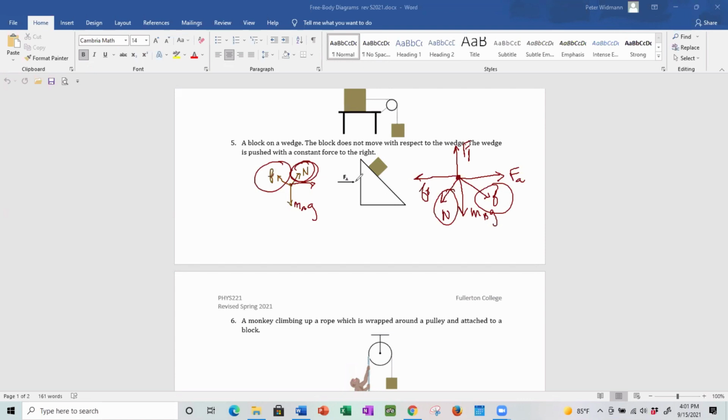However, it isn't FA that accelerates A. The thing that accelerates A is this normal force right here. That has a component horizontally, and it's the horizontal component of N that causes block A to accelerate. FA is applied only to block B.